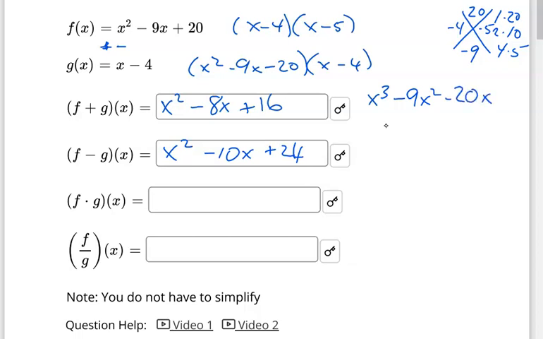Now I'm subtracting 4 times all of this, so let's put that as a minus, and then inside the parentheses we'll multiply by 4. So that becomes a 4x squared, a minus 36x, and a plus 80.